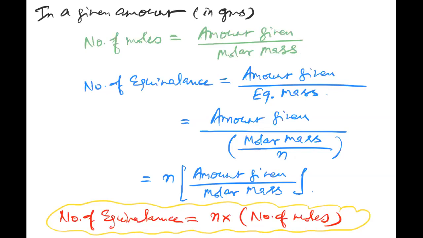So you have to remember this expression: number of equivalents is n factor multiplied by number of moles. The n factor is the same as valency for an element, basicity for an acid, and acidity for a base.